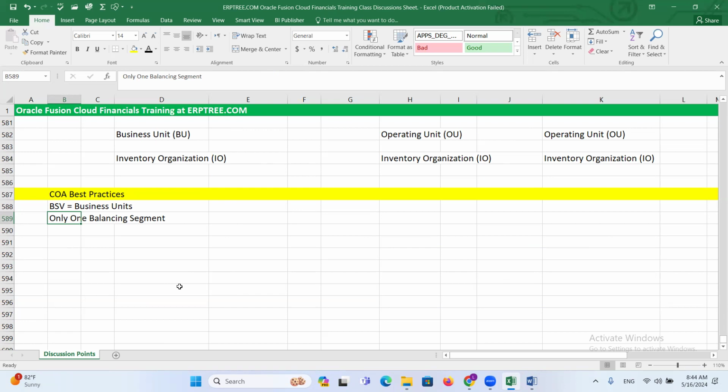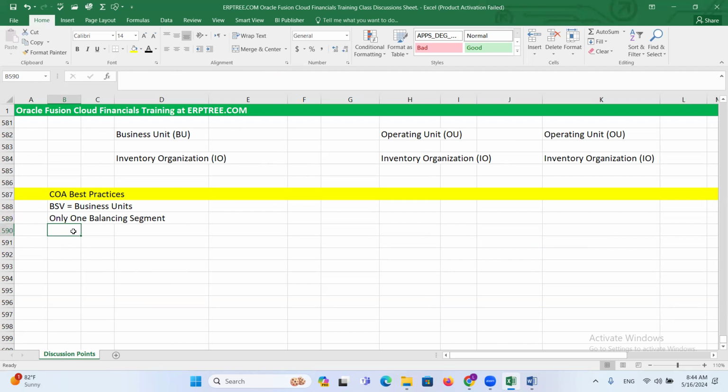If you see 20 projects also, you will see only one balancing segment. Oracle is just giving the capability of maintaining 3 balancing segments in the chart of accounts. Once we understand the purpose of the balancing segment, we'll understand the meaning of it. Till then, just make a note. These points will be very clear once we start working on the relevant activity.